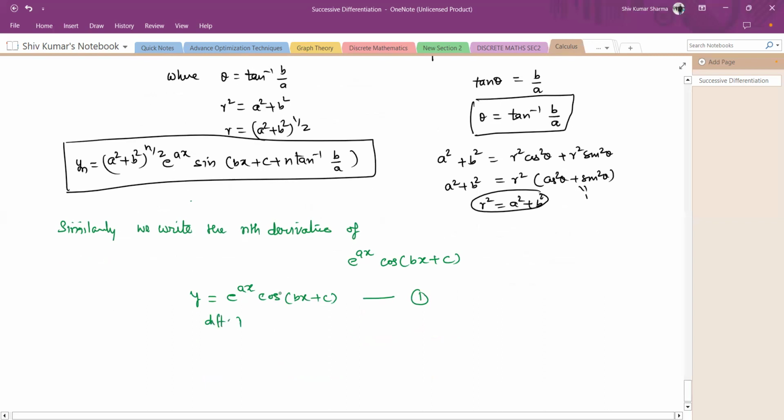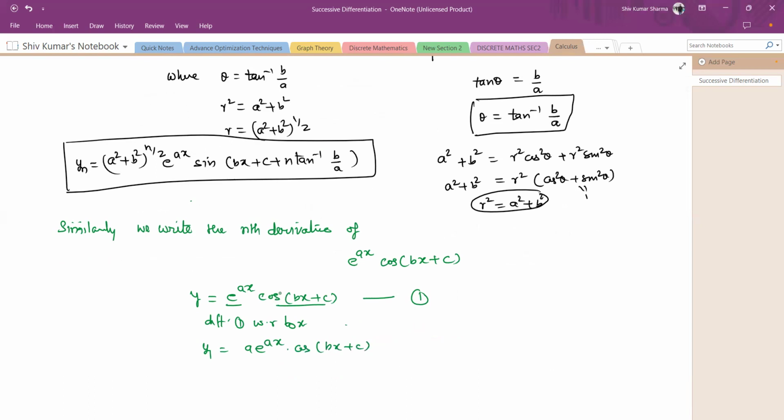We see that y1 is equal to a e raised to the power ax cos bx plus c, plus e raised to the power ax times the differentiation of cos, which is minus sine, so here we take the negative sign.